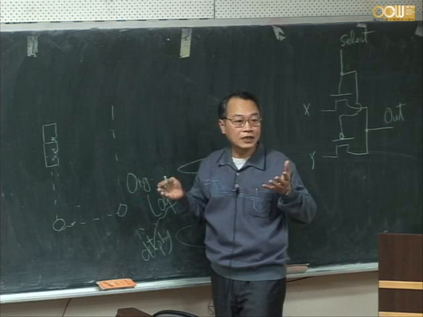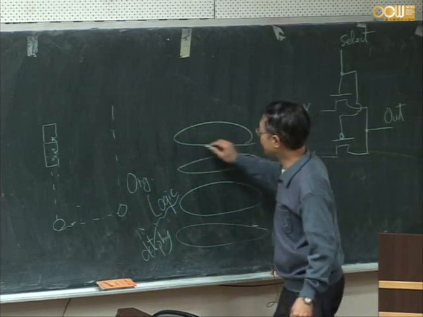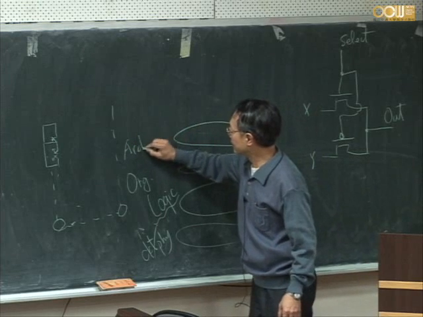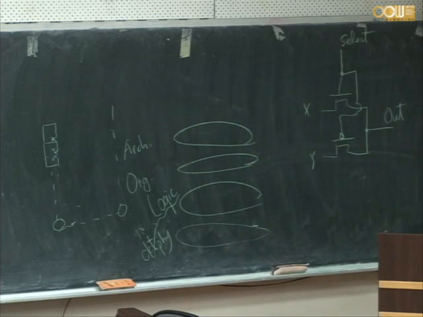Above the organization level, what do we have? Architectural level. Architectural, in terms of building houses, the architecture defines what the house looks like, what it is used for: teaching purposes, for hotel, for public facilities.